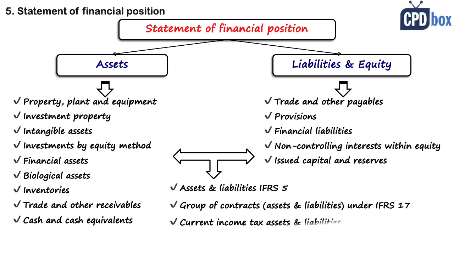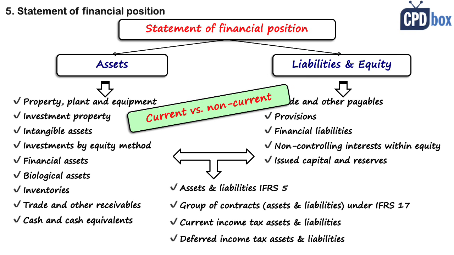Liabilities and assets for current income tax according to IAS 12. Deferred income tax according to IAS 12. IAS 1 requires the line items to be presented separately in the current and non-current distinction. So current assets separated from non-current ones, and the same with liabilities.